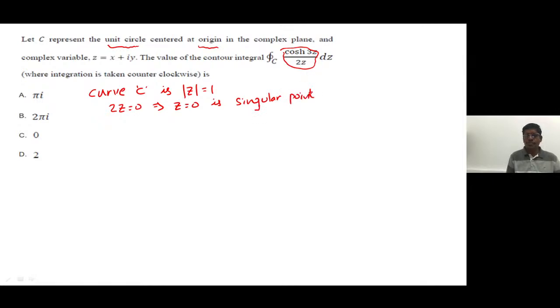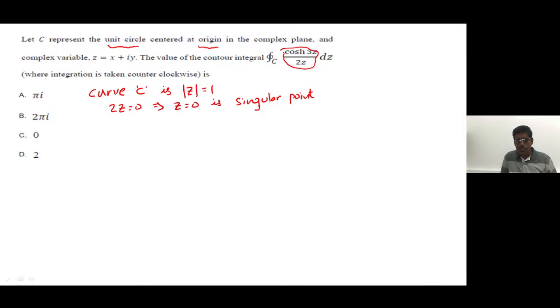So we have to verify whether such singular points lie inside the curve or outside the curve. So substitute z is equal to 0 in the curve equation. When the left hand side value is less than the right hand side value, then the singular point lies inside the curve. When the left hand side value is greater than the right hand side value, then the singular point lies outside the curve.